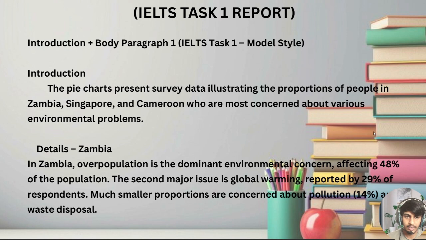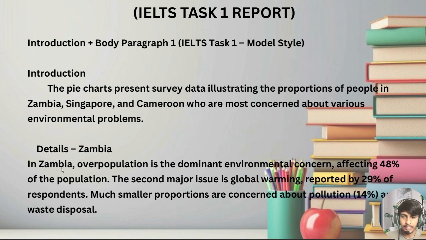So you can read it again. The pie chart presents survey data illustrating the proportion of people in Zambia, Singapore and Cameroon who are most concerned about various environmental problems.